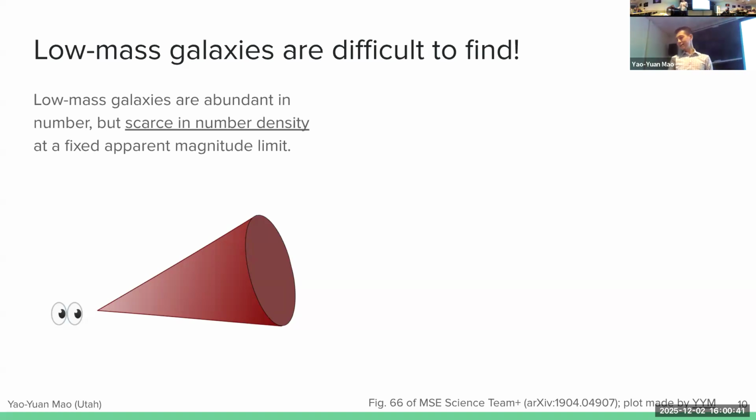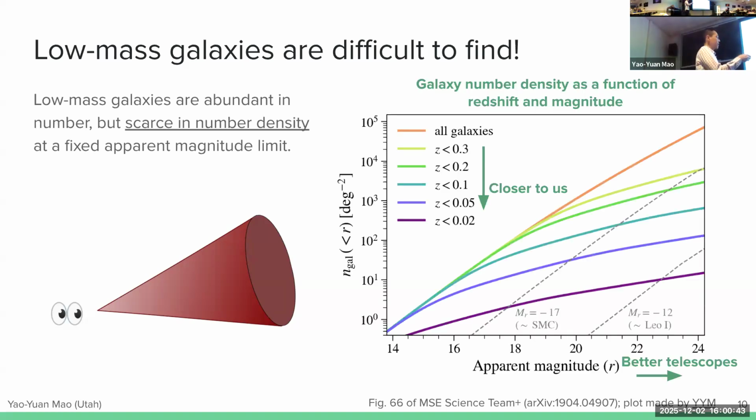If I plot the number of galaxies that you see as a function of the apparent magnitude limit of your telescope, the increase within the nearby region, where you are seeing fainter and fainter galaxies, does not grow as fast as the number of all the galaxies you are starting to see that are further away from you, because you are now increasing the background like a light cone, which has a lot more volume.